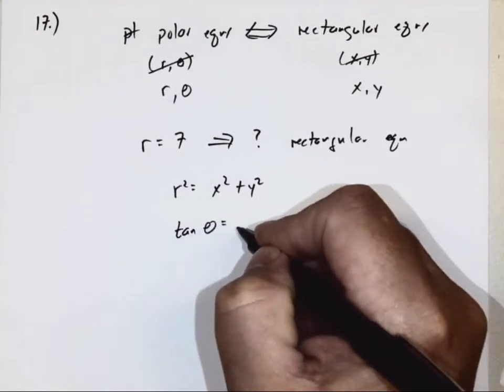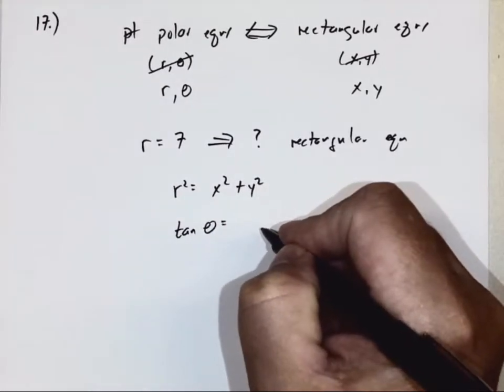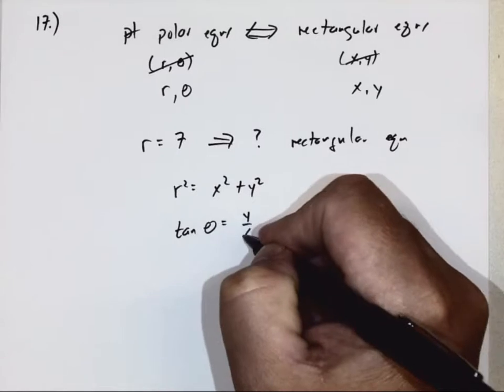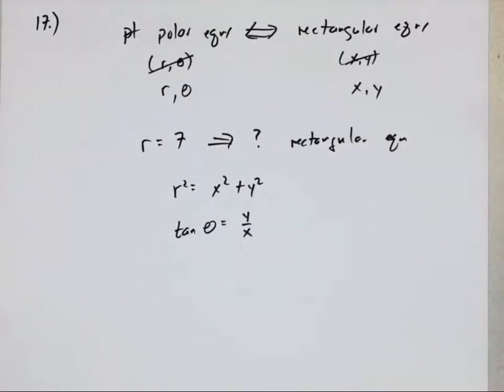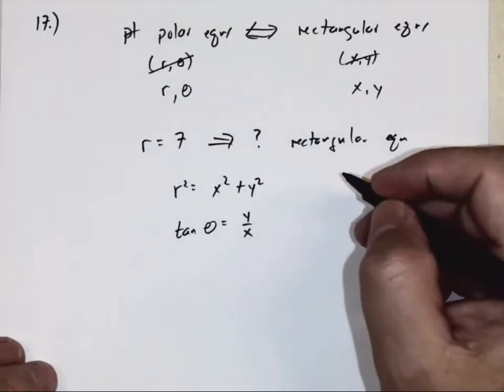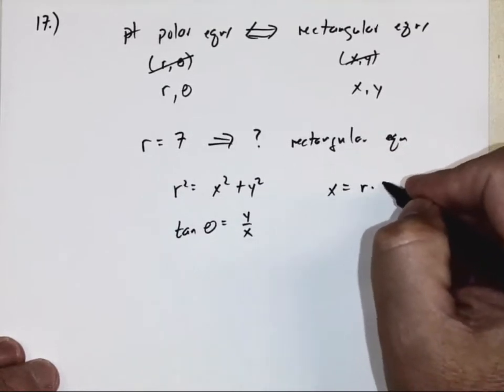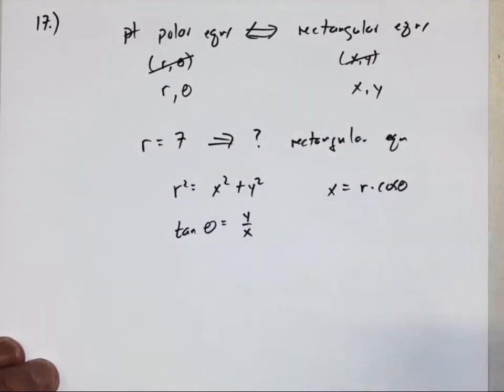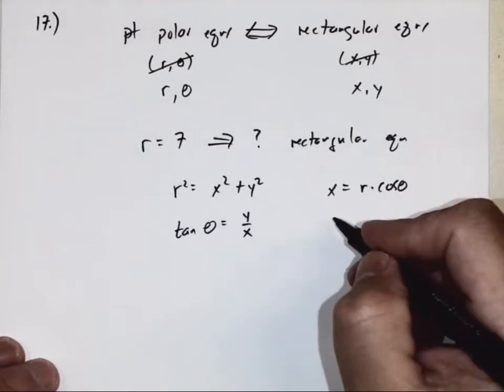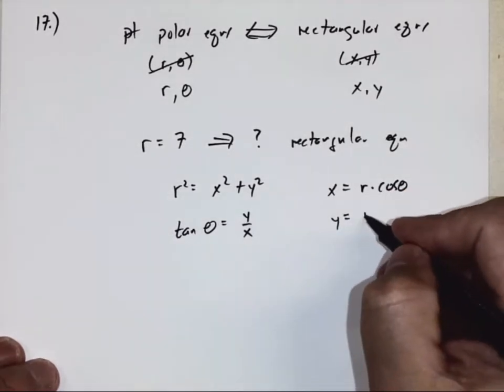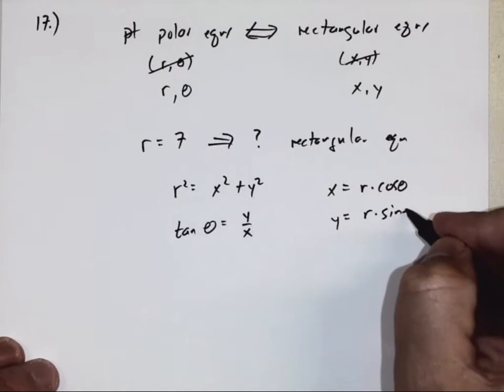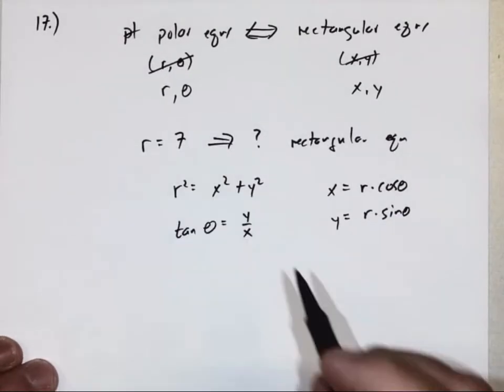If you remember, tangent of theta, the angle, is y over x. If we go the other way, we know that x equals r cosine theta and y equals r sine theta. So now here's the tricks.